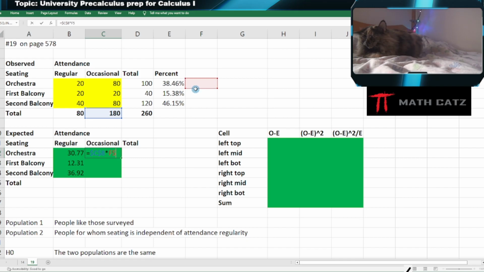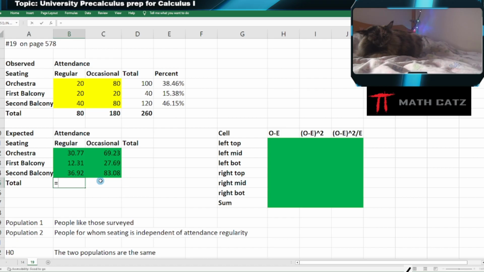And I want the percentage of expected orchestra seats, like so. And then I'll copy this one down, double check. Yeah, it's using the total of the occasional seated people, percentage appropriate to the row I'm in. So like that. Now I can double check myself here with some totals.